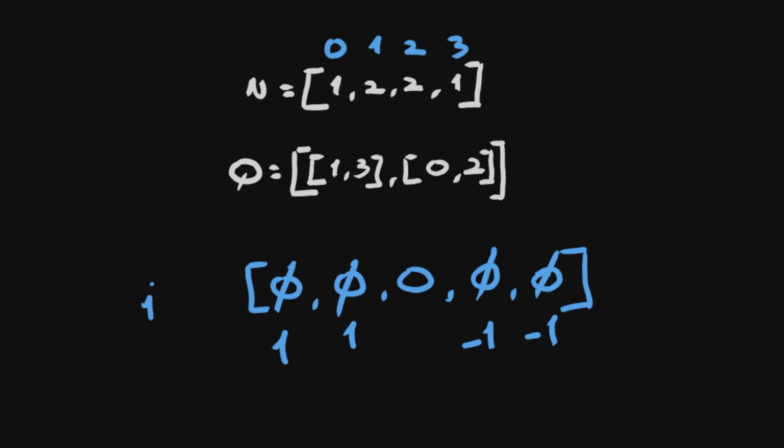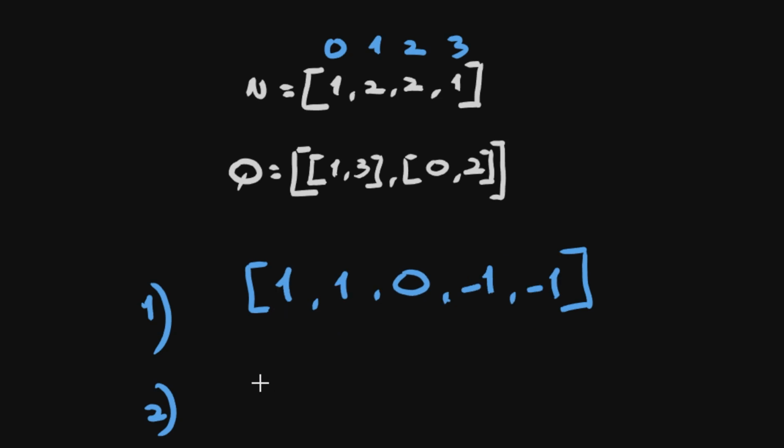This is step 1, and step 2 is to do a prefix sum on this array. This is how we can translate these effects into specific values for each element. So in case you don't know how to build a prefix sum, each element in the array will contain the total sum up to that element.